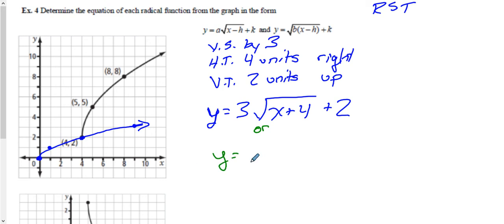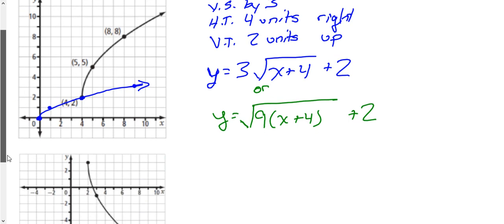So I'm going to end up with 9 times (x + 4) in the radical, because we're not changing anything there, plus 2 at the end. To go from this 3 on the outside to a 9 on the inside, or from a 9 on the inside to a 3 on the outside, you had to square root 9 to get to 3, or go 3 squared to get to 9, and there you go. That's how you go from one direction to another.